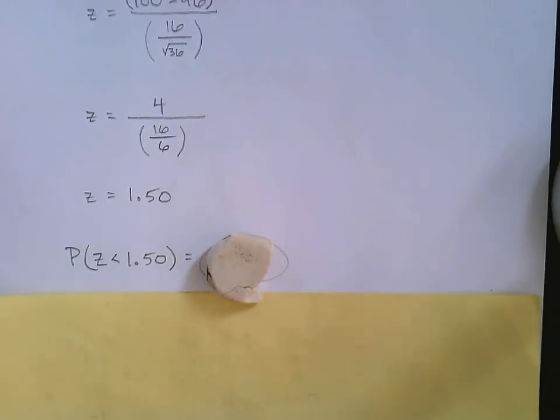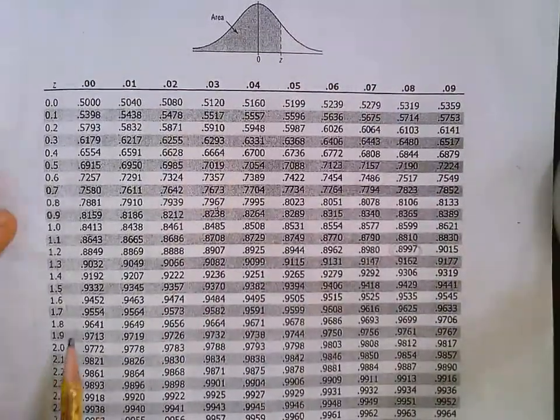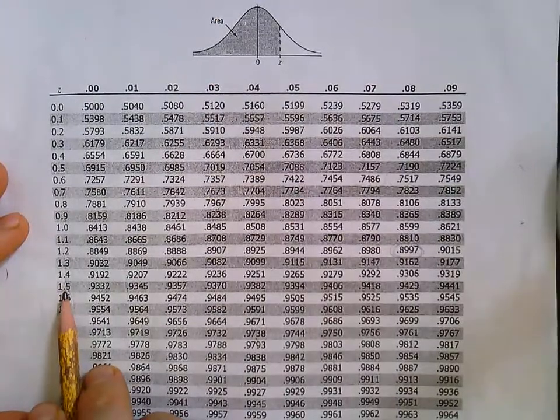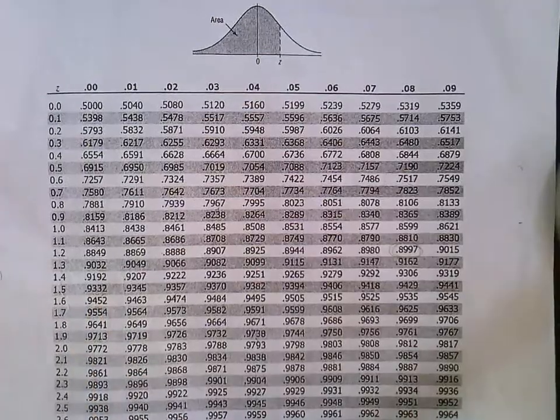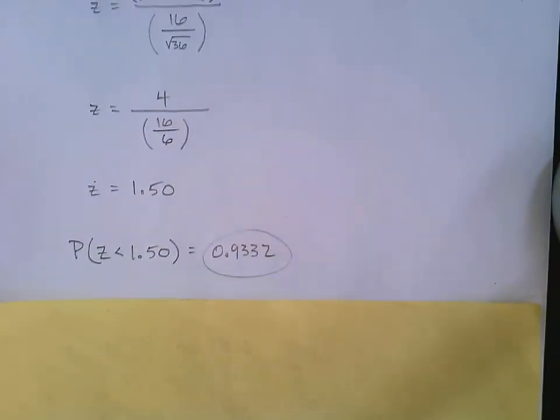Once we have the z-score, it's exactly the same as the things in chapter 6. We'll grab our table, and just the same way we did before, we'll look up 1.50. That's 0.9332. And so we have our answer, 0.9332.